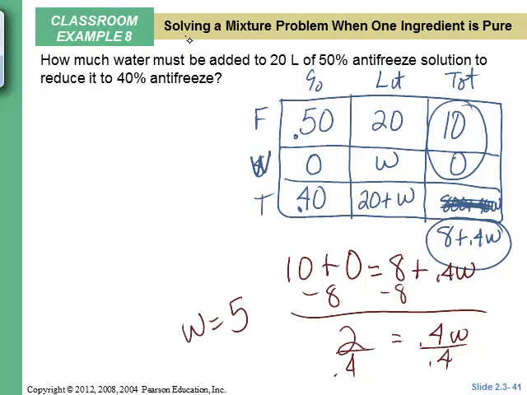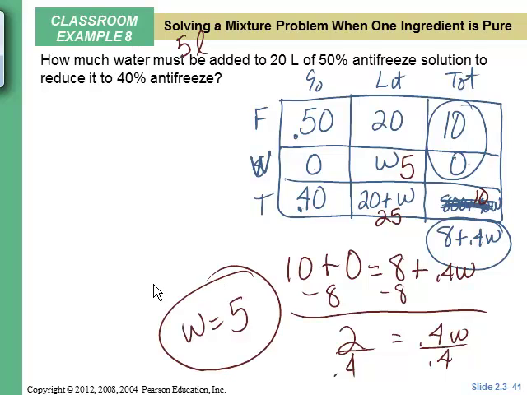How much water? 5 liters. Let's check it and make sure. This would be 20 plus 5 is 25. Take 0.4 times 25, you get 10 liters. 10 and 0 is 10, so it is going to be 5 liters. Next one.